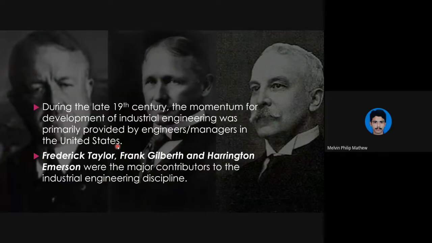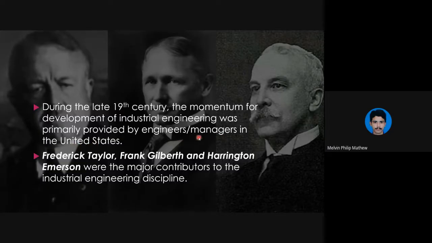Basically during the 19th century, after the 18th century, then came the 19th century. During the 19th century, the development of industrial engineering was huge, and these were incorporated by means of engineers or managers, basically in the United States.